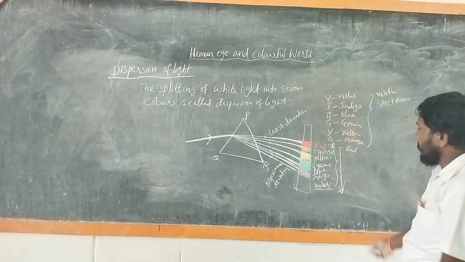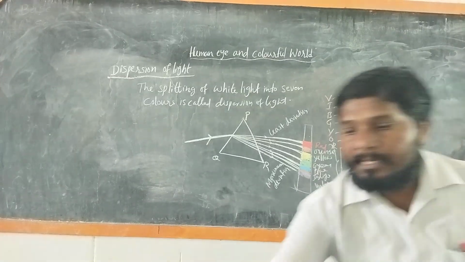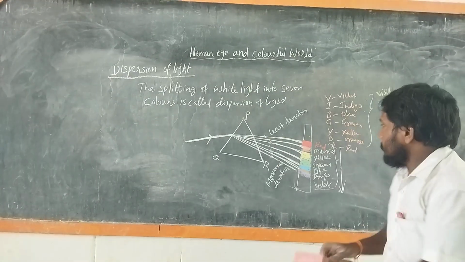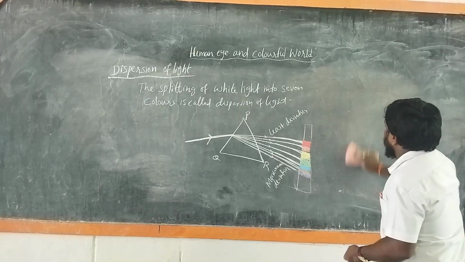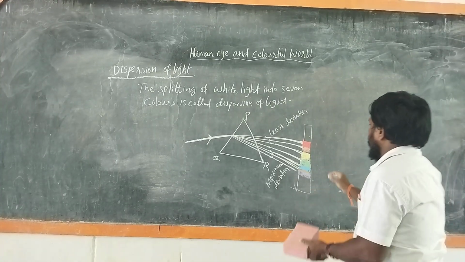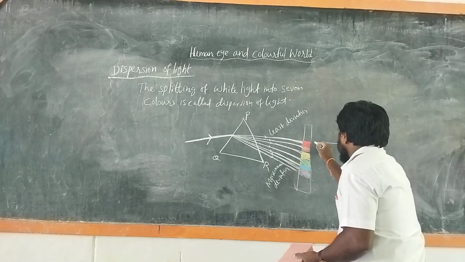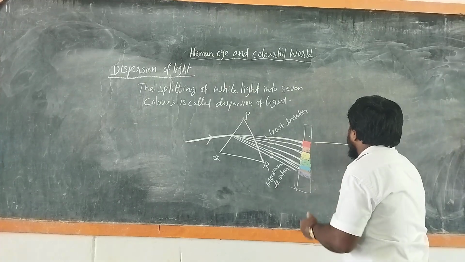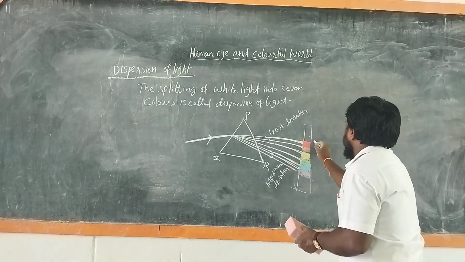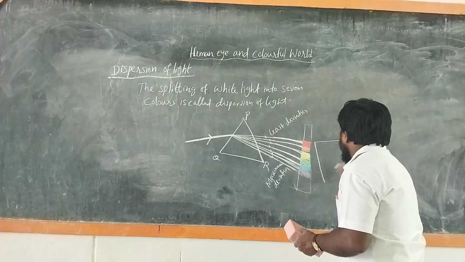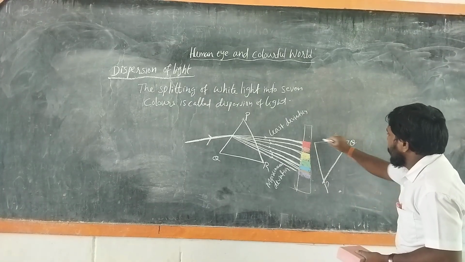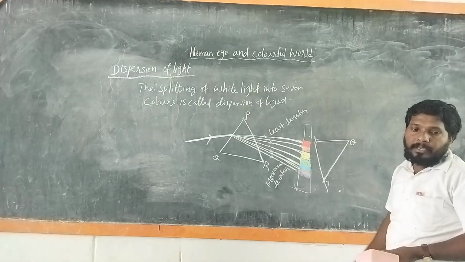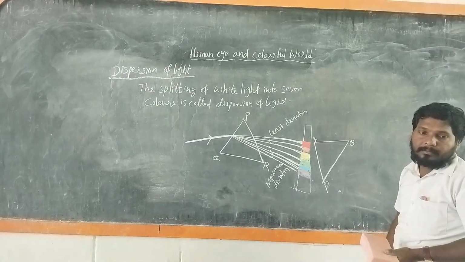Here, for example, if we arrange a prism like this, and if we arrange one more prism here, then what will happen? Let us understand.